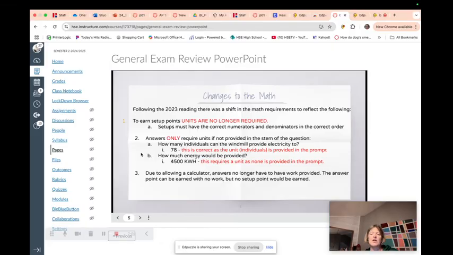And I would always include units in your answer, whether you know whether to include units or not. What does that mean? Well, there are some questions like if they say, how many individuals can a windmill provide electricity to? You can say just 78. You don't have to say 78 individuals or 78 people because they're asking in the question, how many individuals?